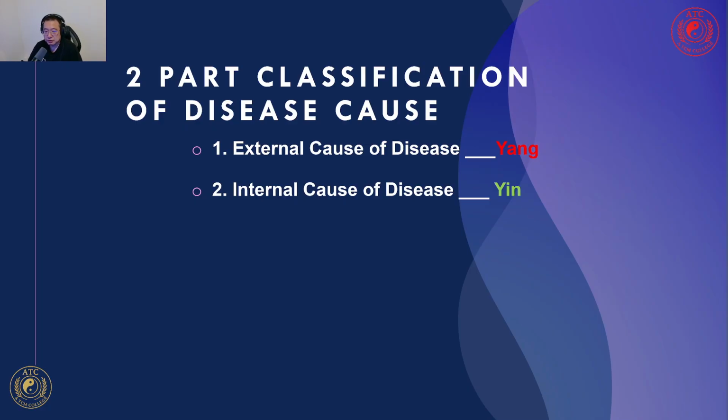And the internal course of disease is classified as a yin course. So it's a simple and traditional way to classify the disease course as yin and yang. And that fits the yin and yang theory, as we discussed before.